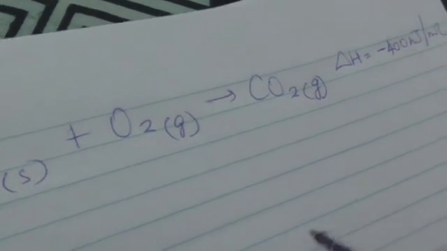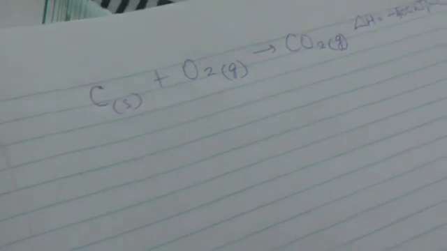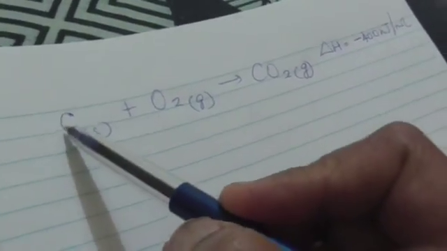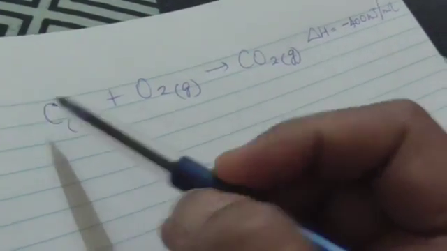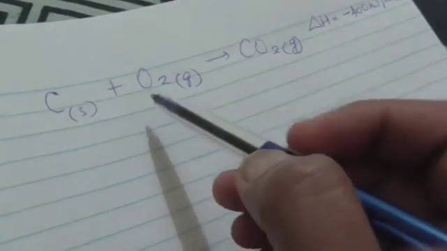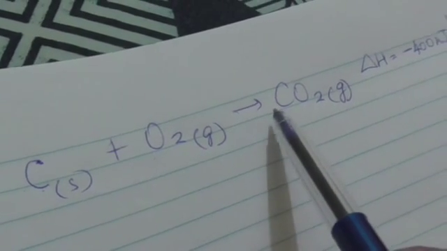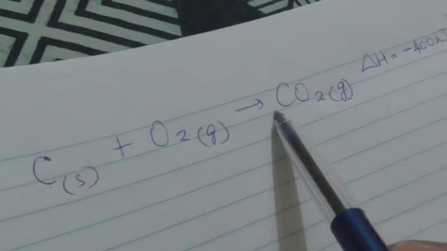So it's an exothermic reaction with heat being given out by the system to the surroundings. So I've taught you how to read this equation. Now this equation reads like this: 1 mole of carbon reacts with 1 mole of oxygen to form 1 mole of carbon dioxide.